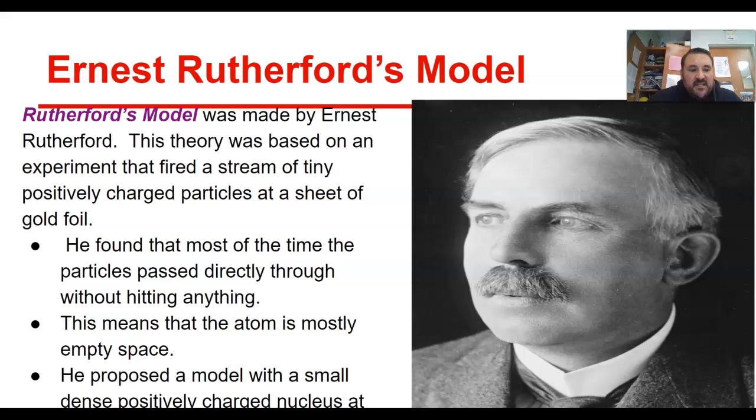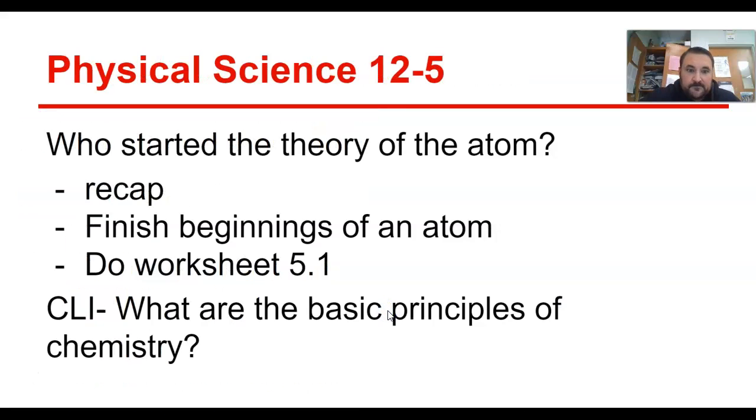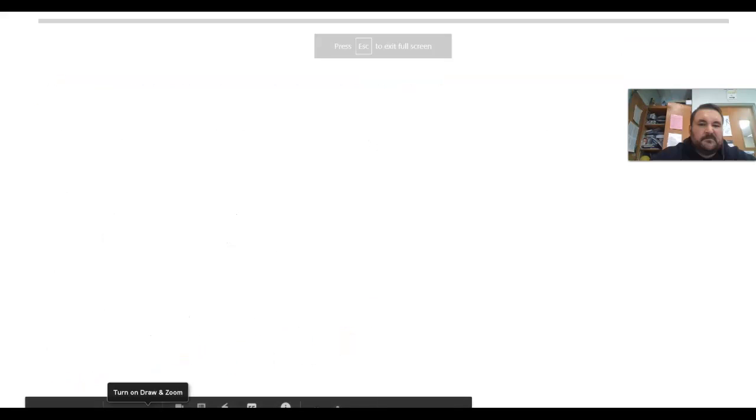Once he had that, he shot positively charged particles at it. When he fired these particles at this sheet of gold, he found that most of them went straight through. Some of them deflected, and some of them bounced back. So there's my thin sheet of gold, and he had a box, basically with radioactive decay, that fired particles.